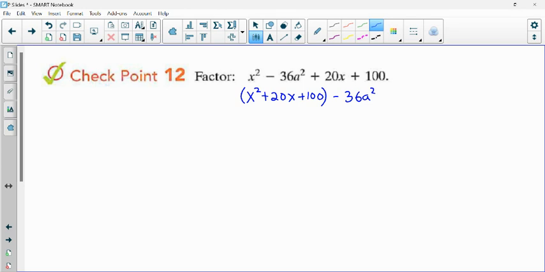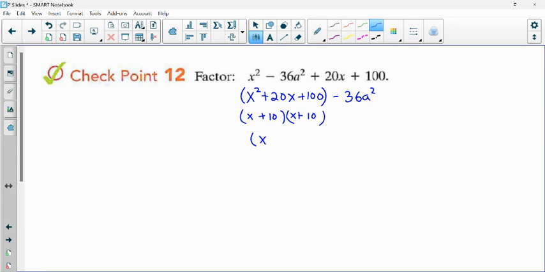Because if we look inside those parentheses, can we factor inside the parentheses? Yeah. In this case, it's actually a perfect square trinomial, or you could SAM factor this. If we're going to SAM factor it, it would be x plus 10 and x plus 10. Or remember, perfect square trinomial, you can take the square root of the first, the square root of the third.